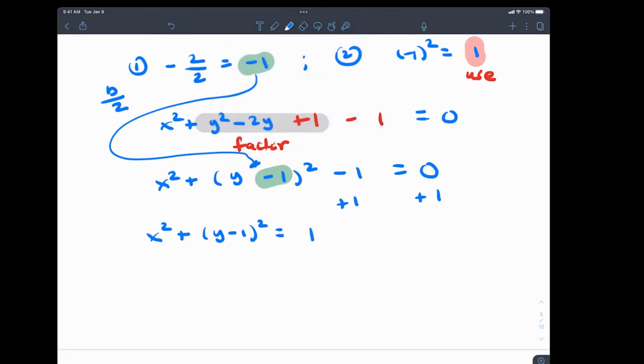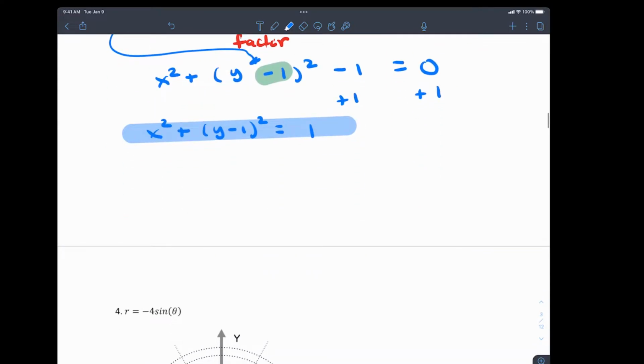So I'm going to ask that question again. Okay? What are you guys looking at? Do you guys know? You have the general equation of a circle. You say, what is that?